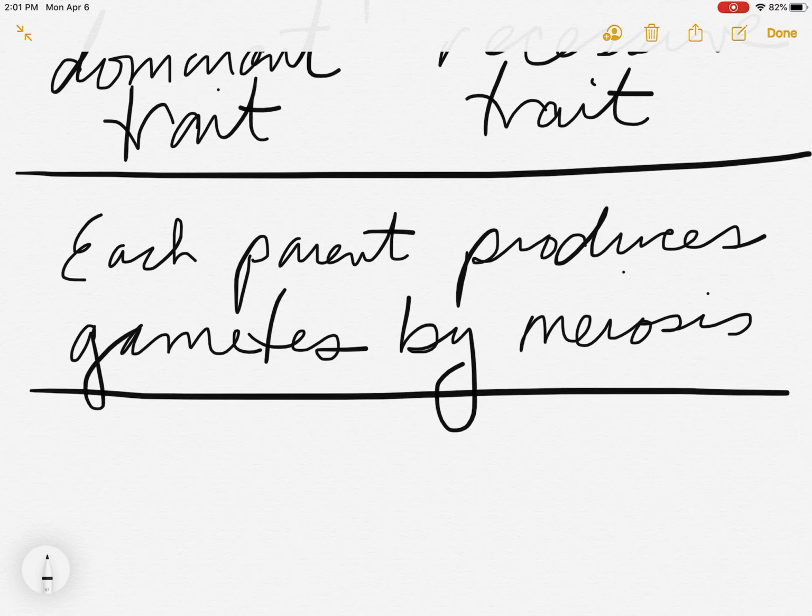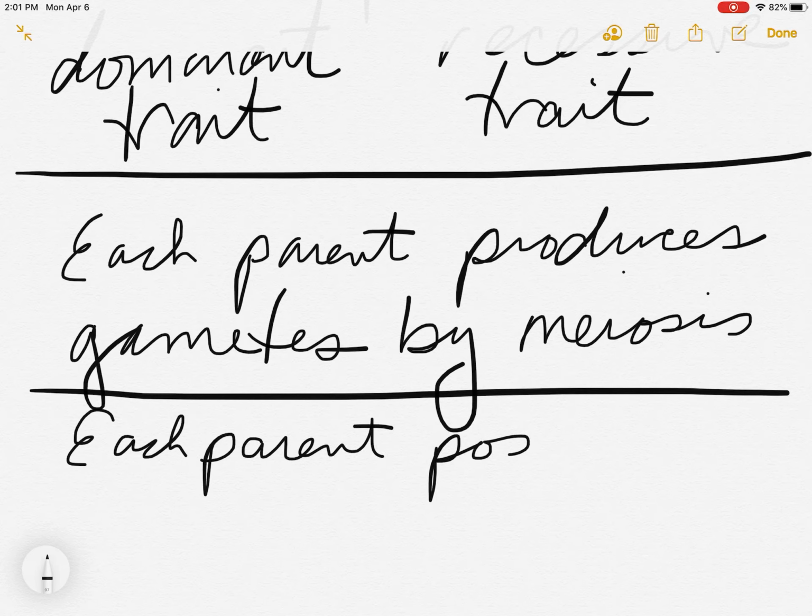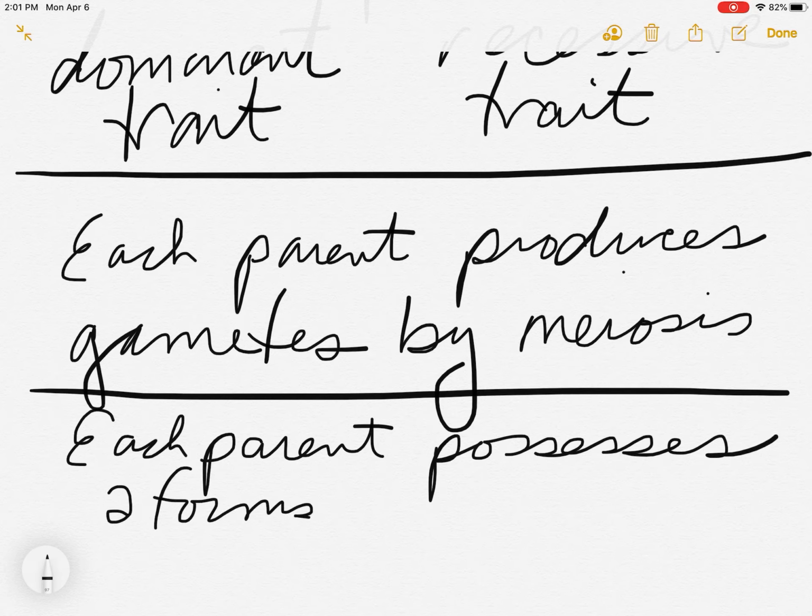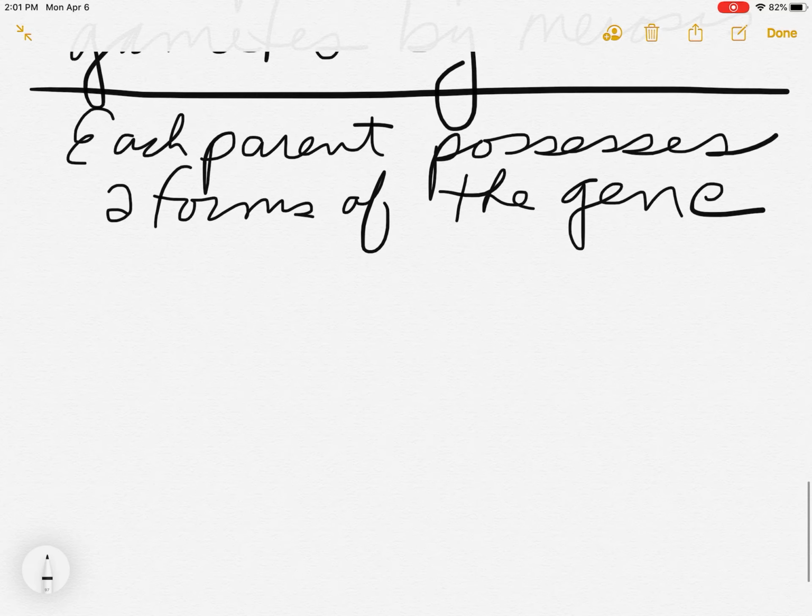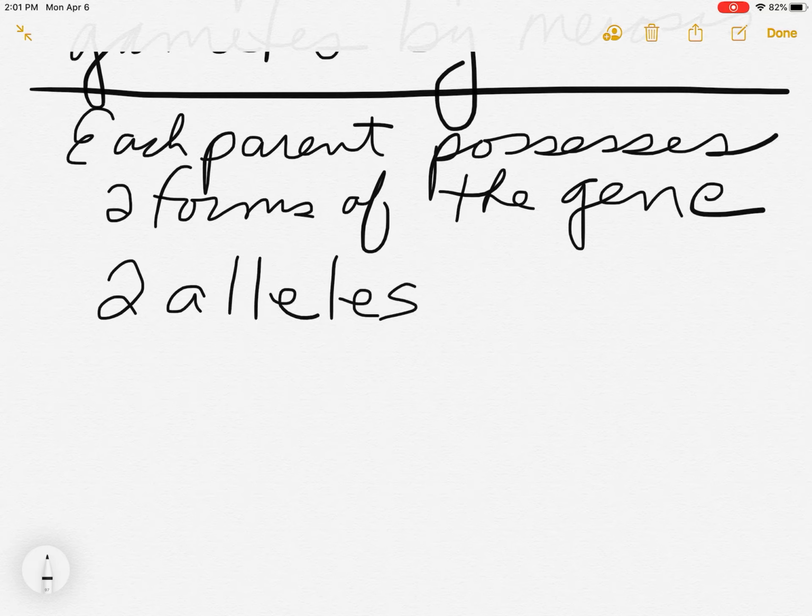And remember also that each parent possesses two forms of the gene. Or we could say two alleles of the gene.